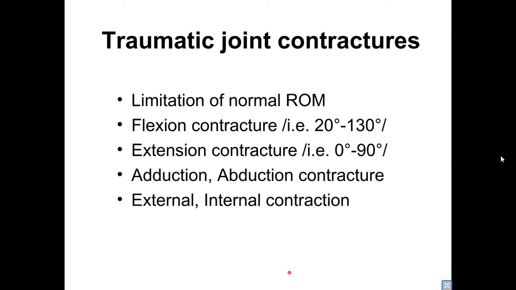Traumatic joint contracture is a regular reaction of every traumatized joint. In the acute phase, this is because of pain, swelling, hemarthrosis, but in the chronic phase, this is the answer to immobilization. That's why immobilization should be done in a physiological position.